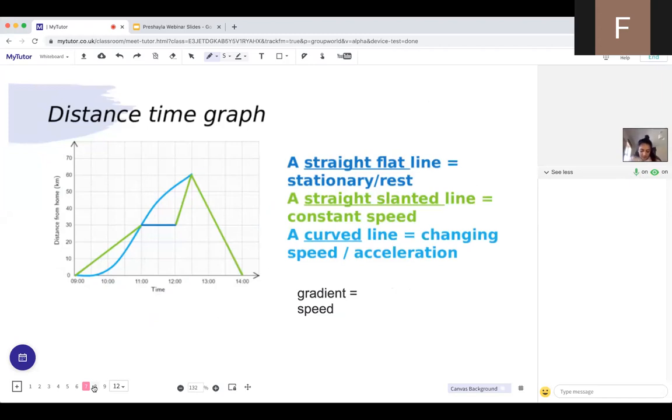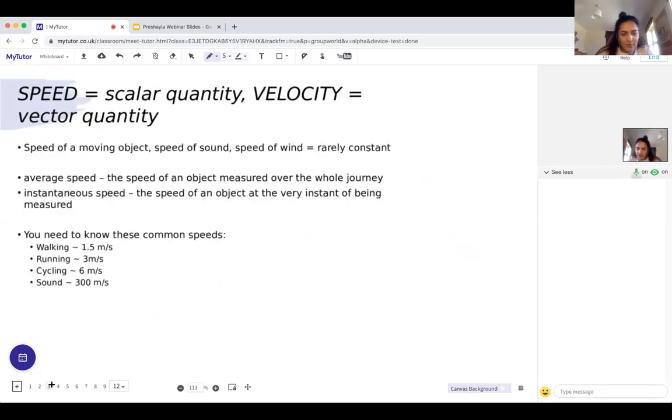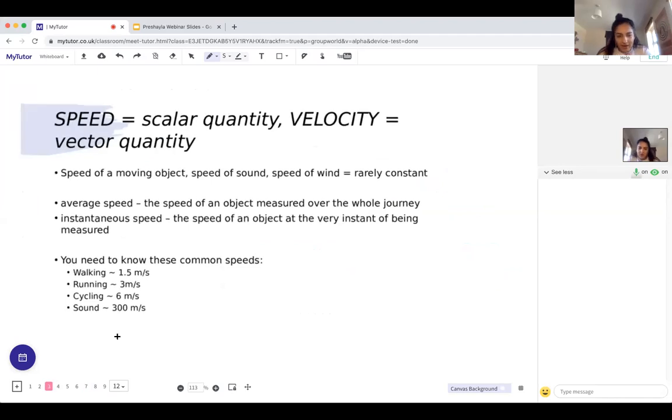Someone asked what's the difference between the speed of air and the speed of wind. I think it's related to your first slide or so. Okay. The speed of air, we don't really have the speed of air. We have speeds of things in air, but not the speed of air itself, because air is kind of just static.